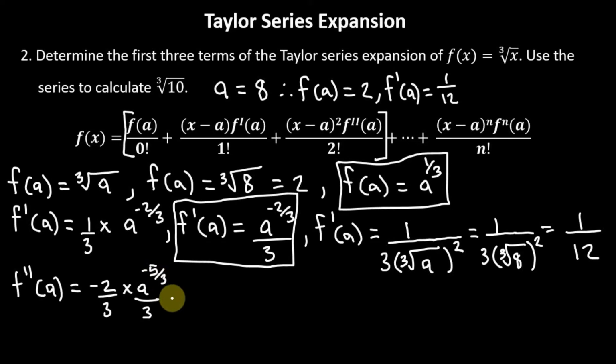Alright, and again guys, we can clean this up a little bit. So I have the second differential of f of a is equal to, and of course negative 2 times a raised to the power of negative 5/3 will of course give us negative 2a raised to the power of negative 5/3 all over 3 times 3, which is of course 9.